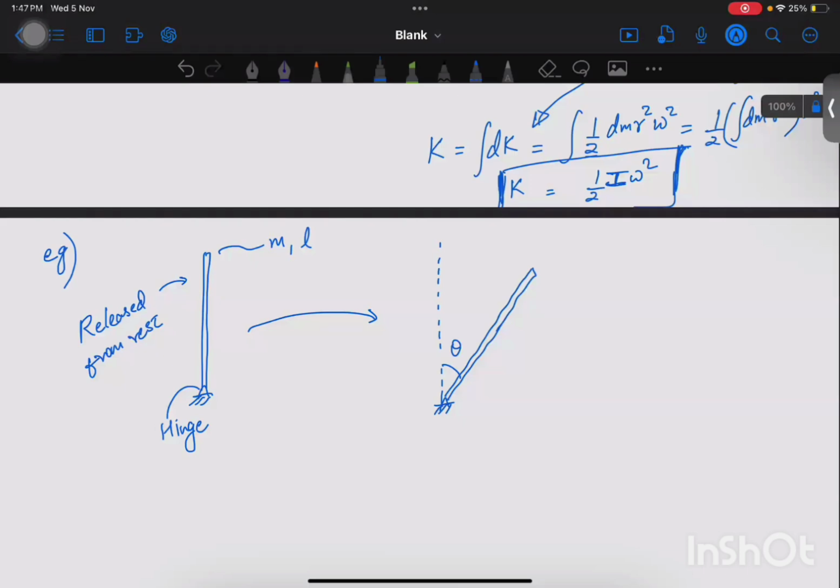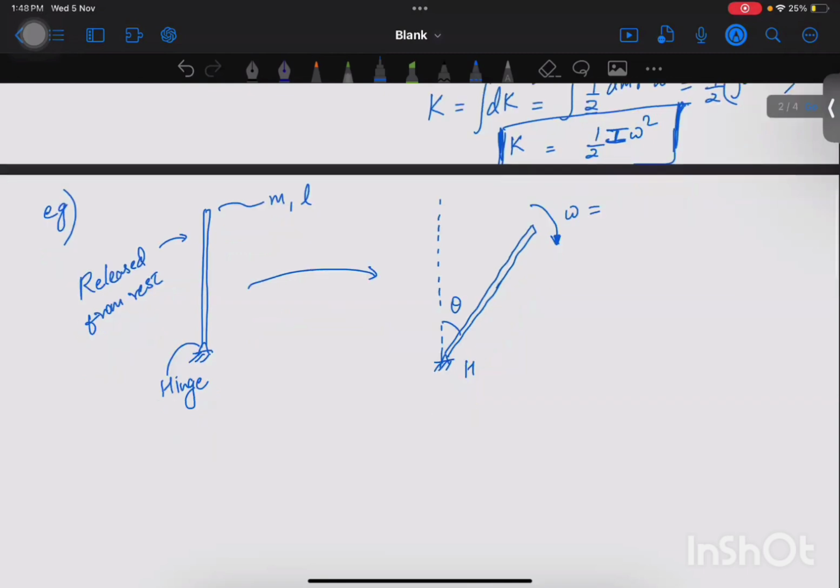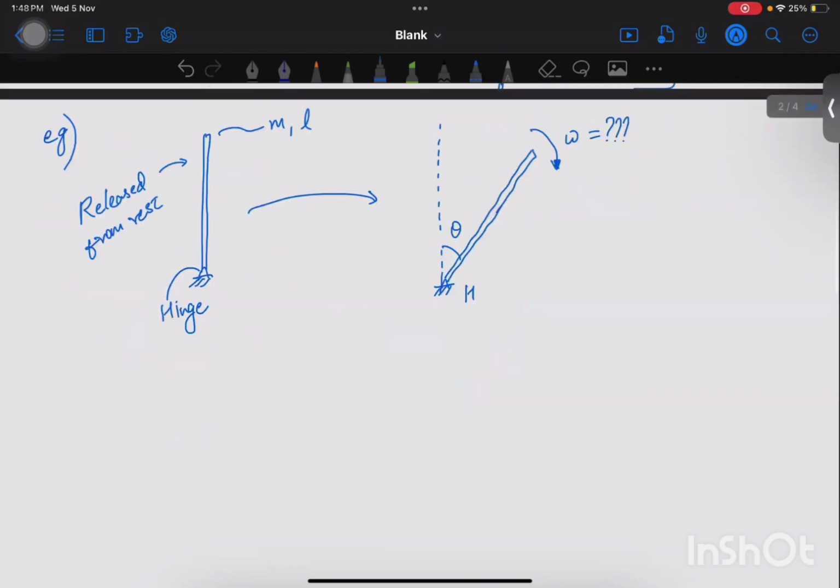And therefore, it will have an angular velocity omega over here, about the hinge. Every particle of the rod is in pure circular motion about the hinge point. Suppose you are asked to find out the value of this omega. So, how do you find out?